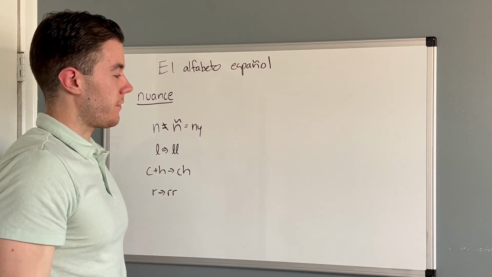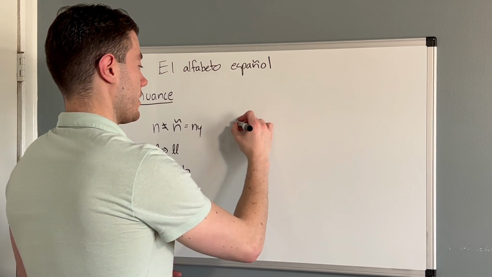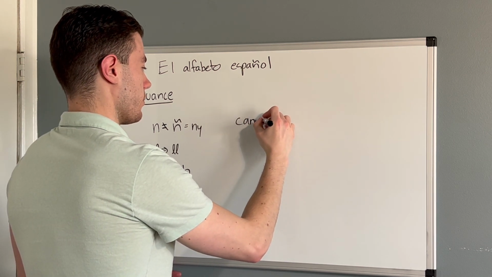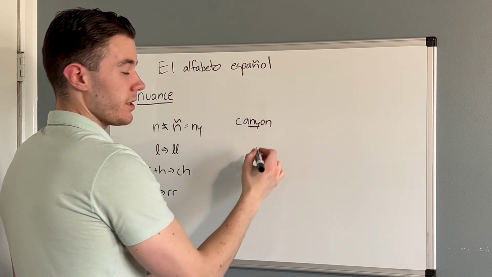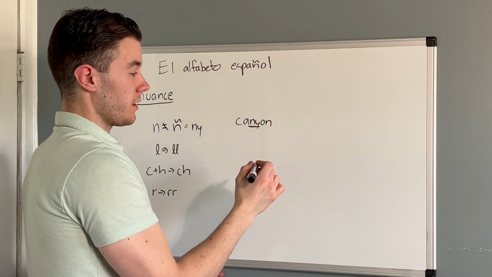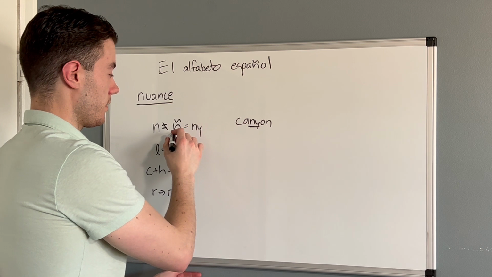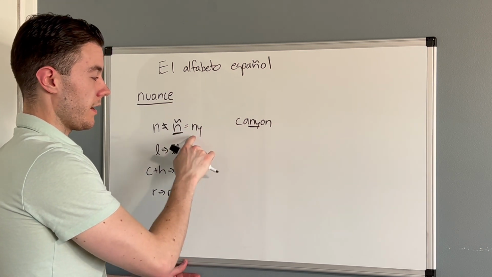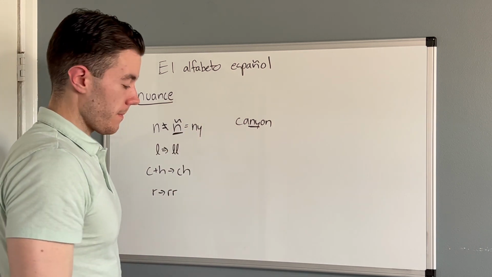So I said we have the sound in English, just it's not represented with one symbol. Canyon, ñ makes the ñ sound. It's like an N and a Y smushed together.